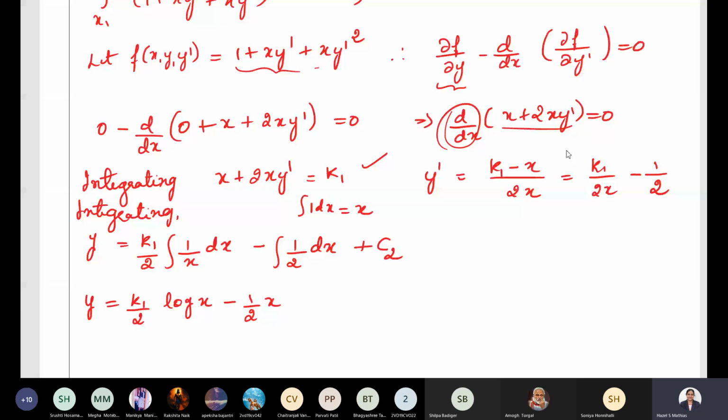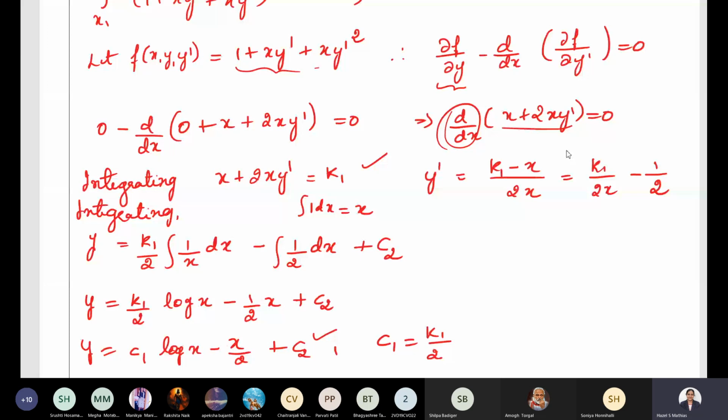Then we have the constant, say c2. You can also write this as y is equal to c1 log x minus x by 2 plus c2, where c1 is k1 divided by 2. So this is the function y for which the functional attains an extremum.